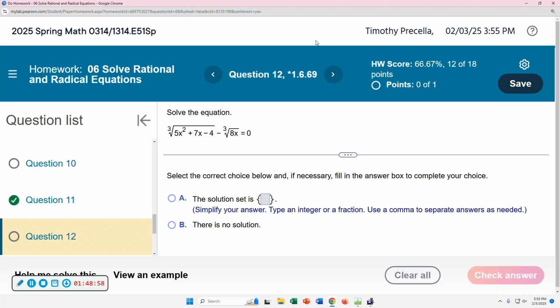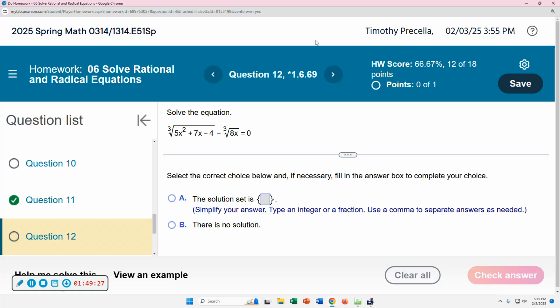Number 12. Cube root. Oh, this has two radicals in it. This one's going to look bad. Will we have to check this one? No, because it's a cube root. You only have to check for square roots or fourth roots.